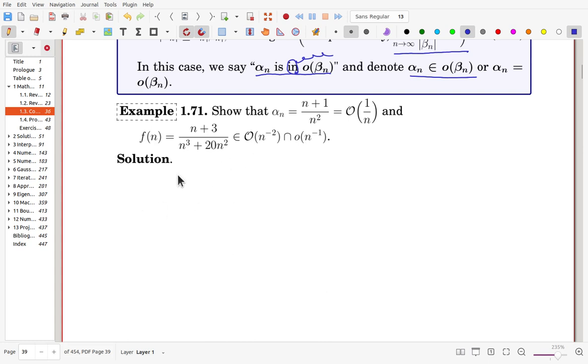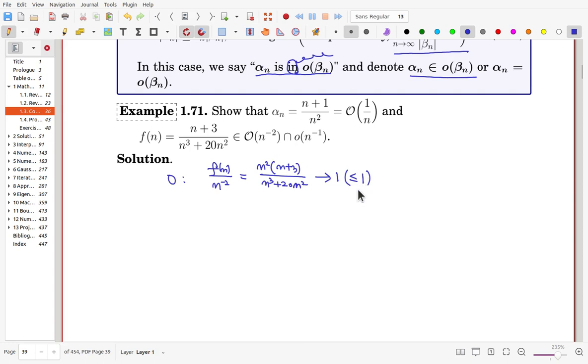For the big O portion, Fn over n to the minus 2 can be written as n squared times n plus 3, divided by n cubed plus 20 n squared. This is always bounded by 1 and also approaching 1.